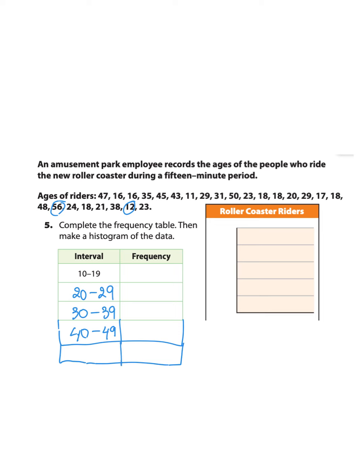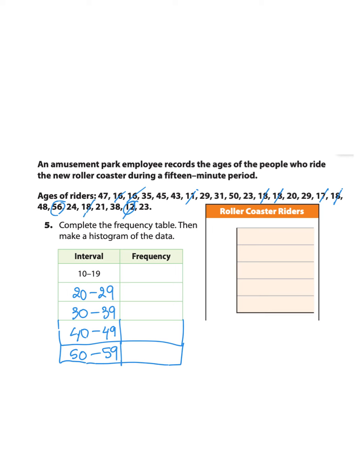Okay, let's find out the frequency. 10 to 19. I'm going to cross out the ages that are 10 to 19. 1, 2, 3, 4, 5, 6, 7, 8, 9. So I have 9 of them.